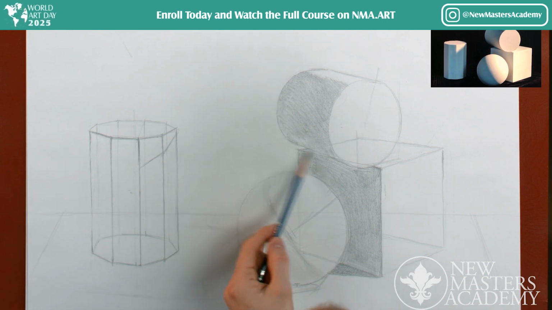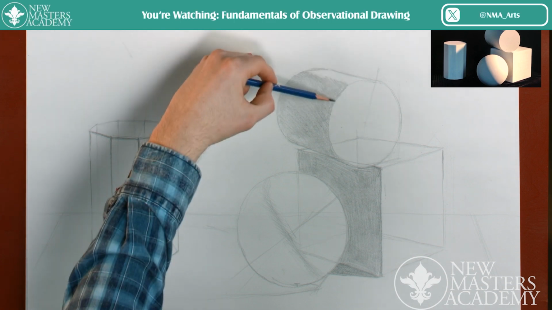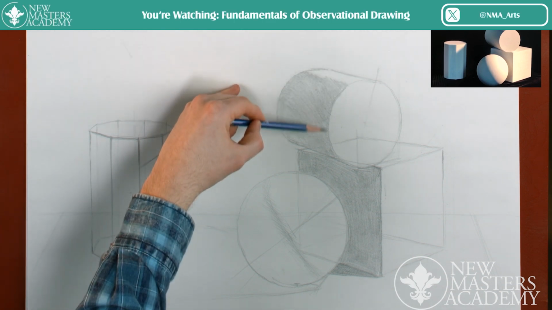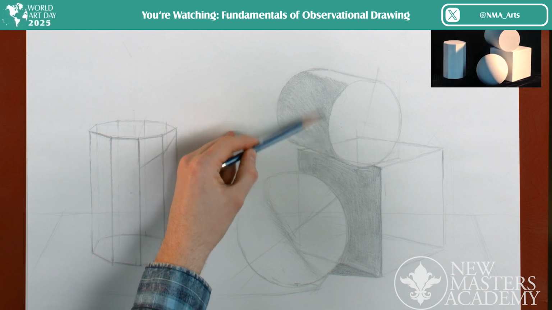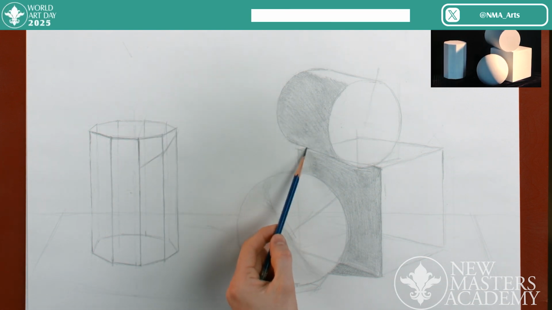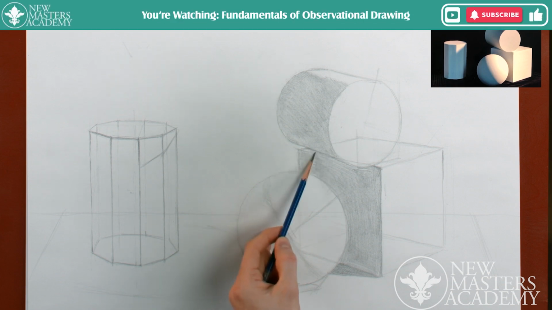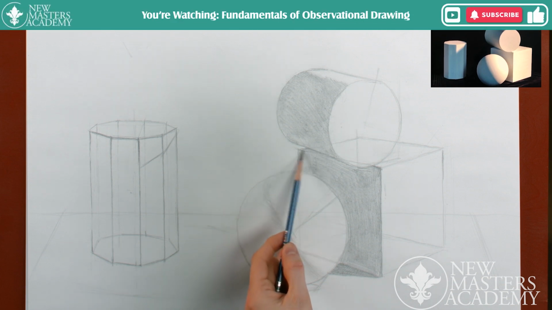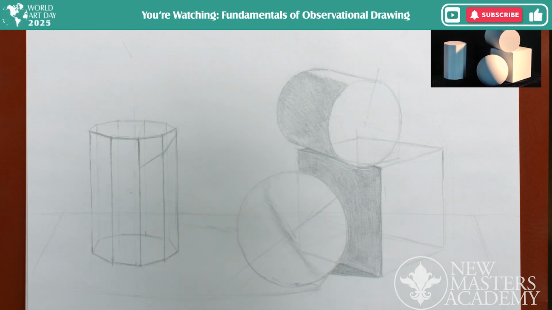And then, once that's in place, keep in mind, of course, that this edge here is also a terminator, but a clear, sharp line because of the sharpness of the edge. And then here, underneath the cylinder, we're going to have a cast shadow that falls from our cylinder onto the top plane of our cube.